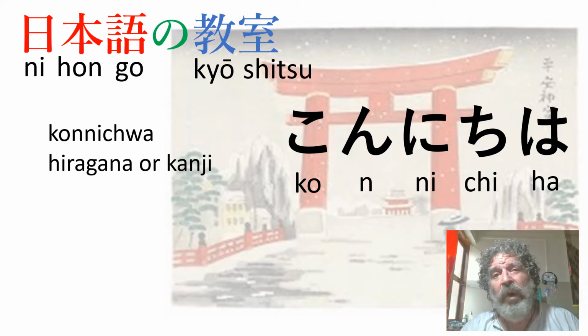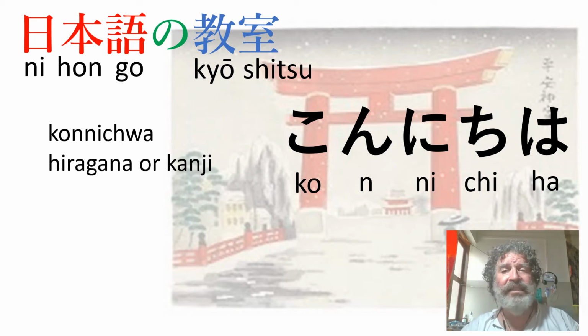And one of the things that I read on the internet said, it can be confused with kyo, because kyo means today, and kyo is also usually written in hiragana, but kyo uses the exact same kanji. Kyo means today, konnichi also means today.